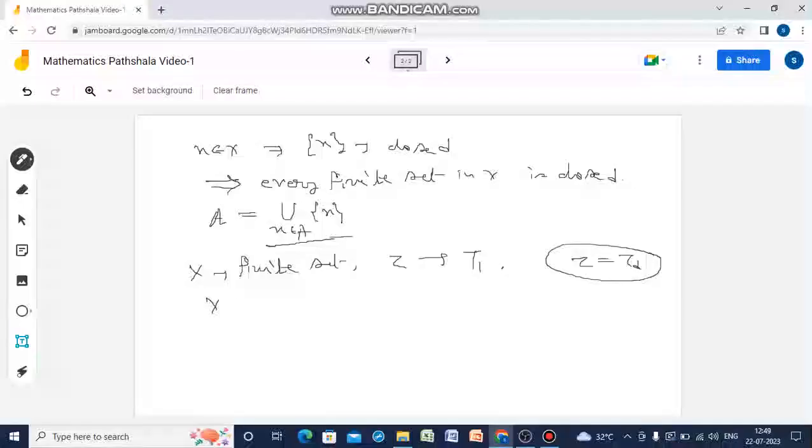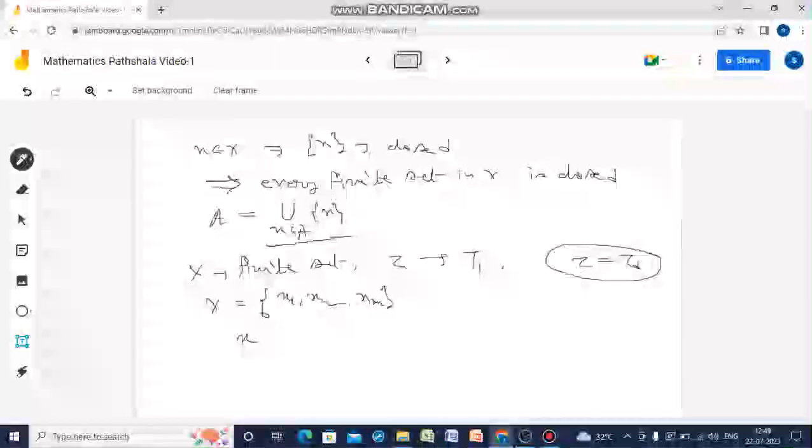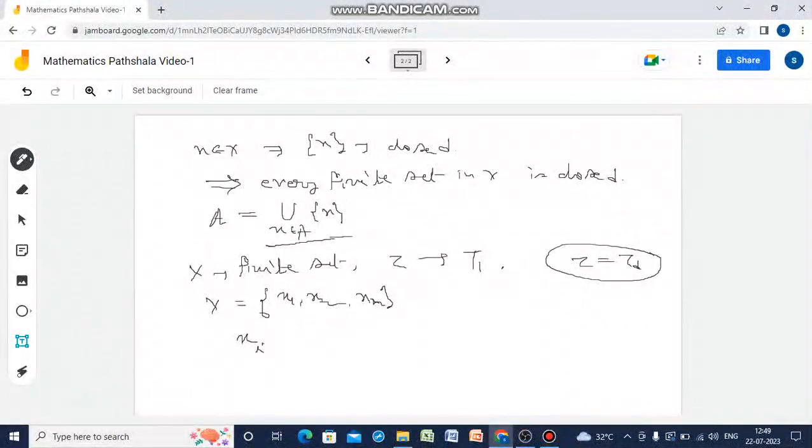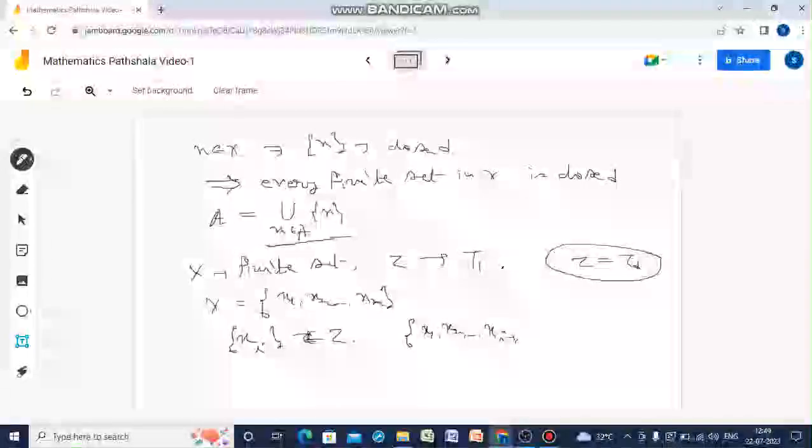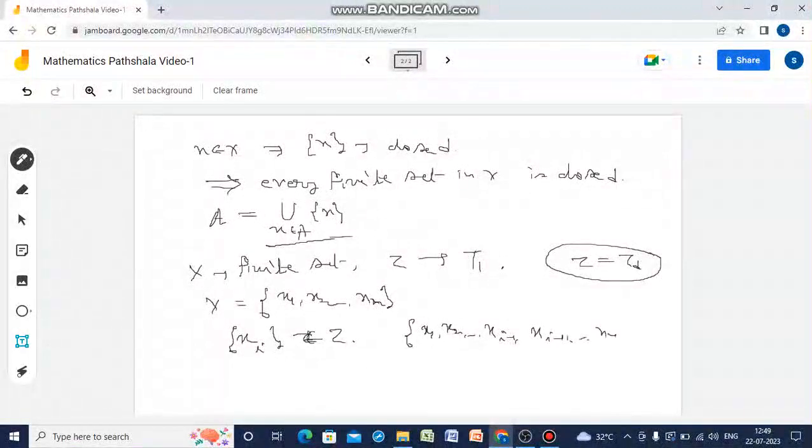So suppose, since X is finite, we can write X as x1, x2, dot dot, xn, and take any xi belongs to X, and first we now prove that this singleton is an open set. We will prove that this singleton xi belongs to tau. So for this, consider the set x1, x2, dot dot, xi minus 1, xi plus 1, up to xn. That means actually this is X minus singleton xi.